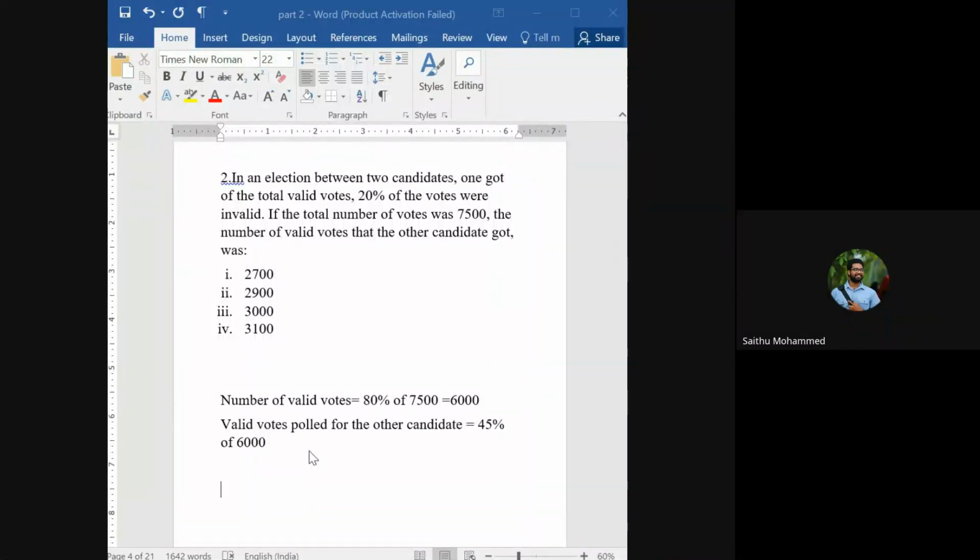45% of 6,000 means 45 by 100 into 6,000. It's equal to 2,700.